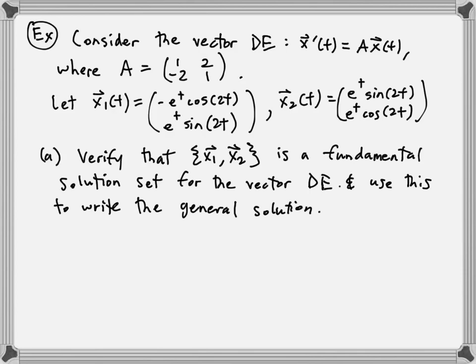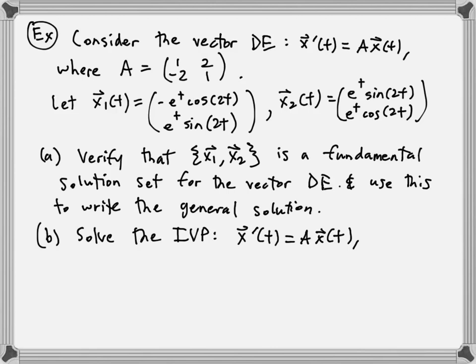And the second part, part B, is I want us to solve the initial value problem, where the only difference is that we're also going to add this condition: x of 0 is equal to 3, 2. All right, so let's start with part A.